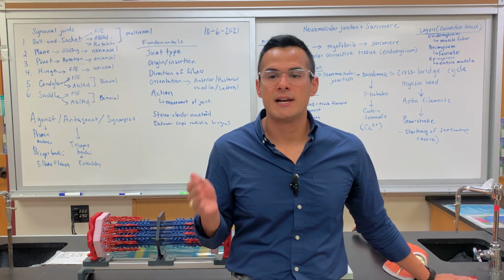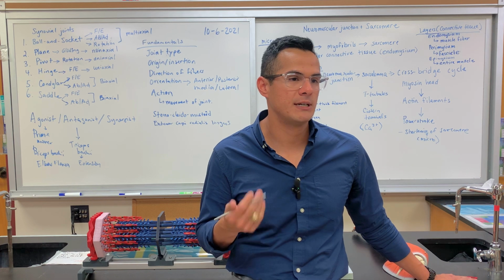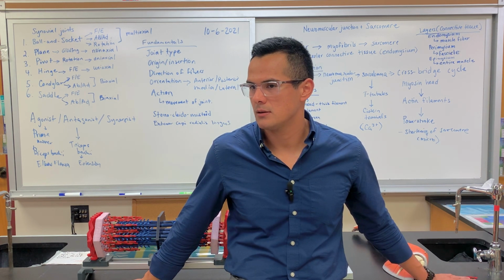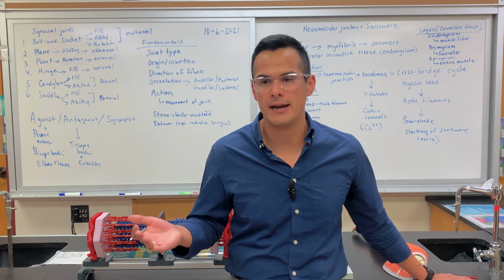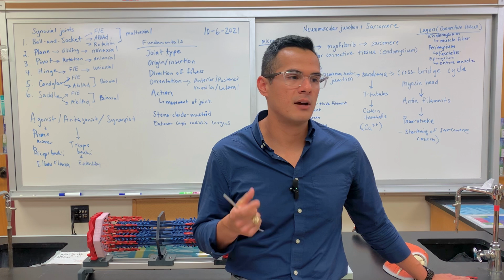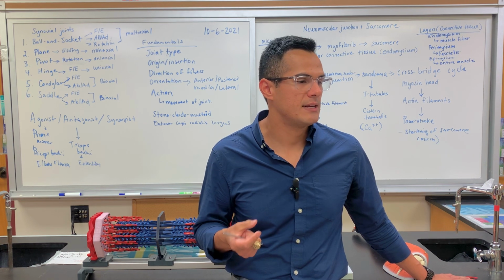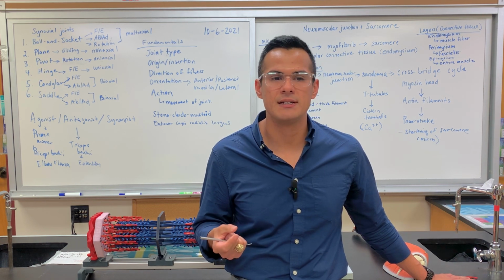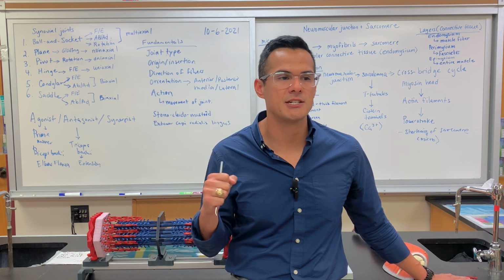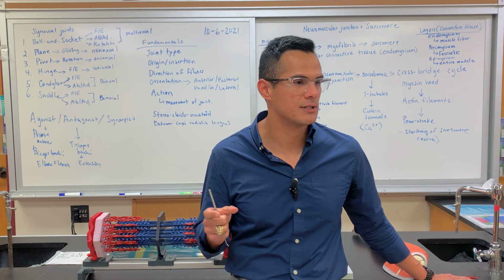But what the power stroke is, so have you heard of rigor mortis? Yeah. So when people die, a lot of times the muscles become real stiff. The reason that they become real stiff is because the myosin head remains attached to actin and the muscle is shortened.